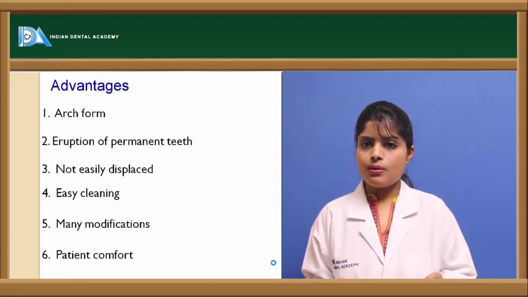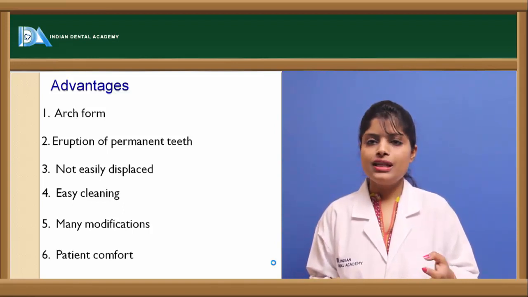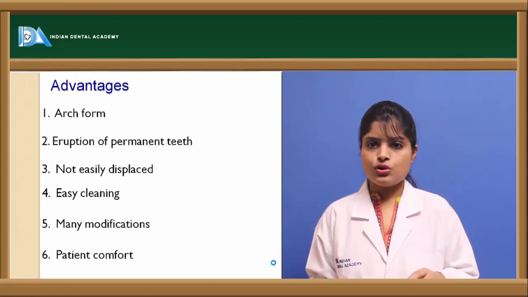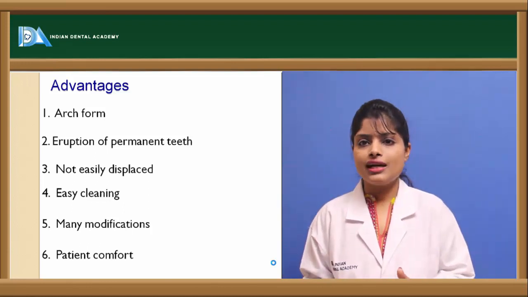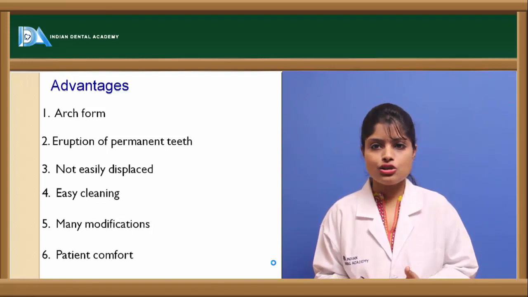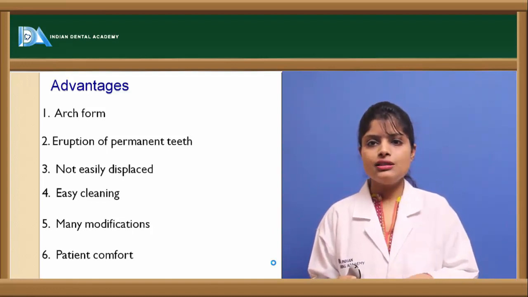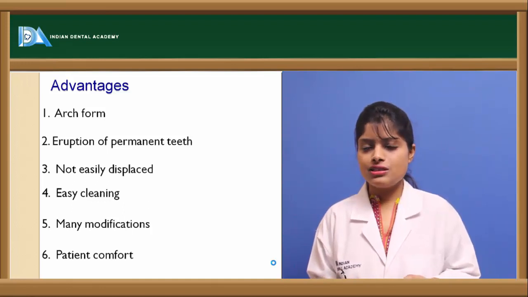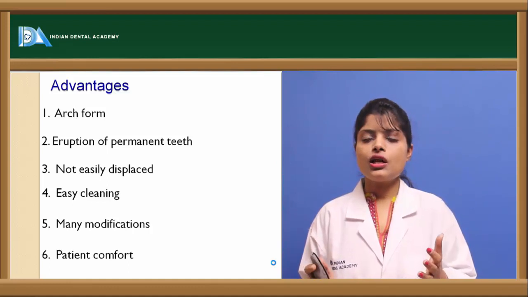A patient can easily maintain their oral hygiene with the lingual arch in position, so it is easy to clean. There are many modifications which are possible, for example, the Holt's type of lingual arch, with loops which can help in adjusting the lingual arch in the oral cavity. It also provides superior patient comfort.